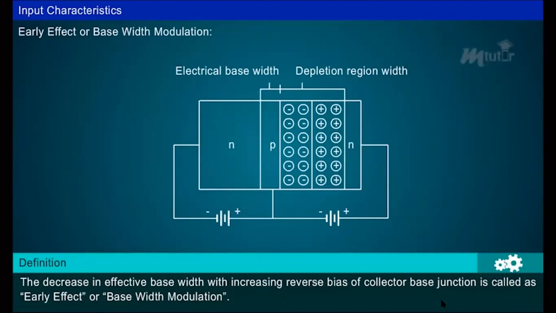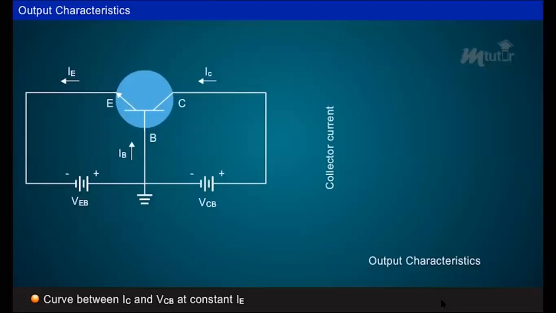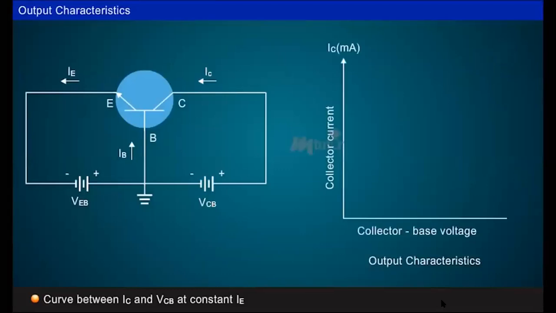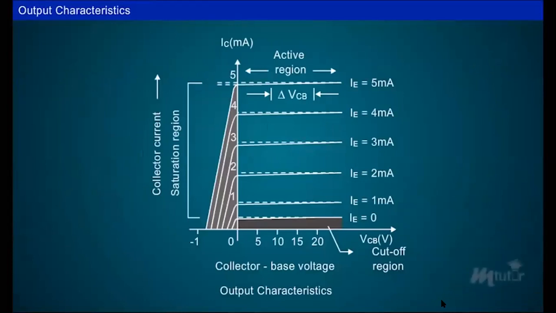base width modulation. It is the curve between collector current IC and collector base voltage VCB at constant emitter current IE. The output characteristics have active, cutoff, and saturation regions.